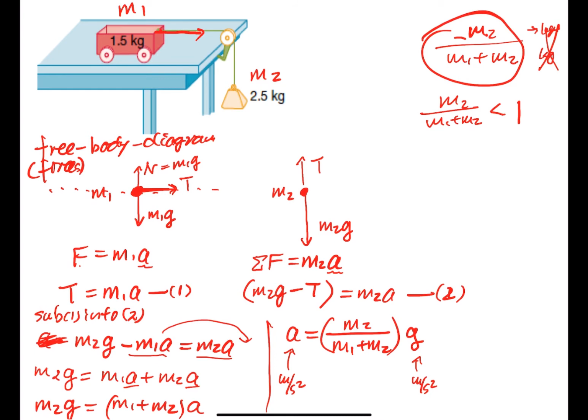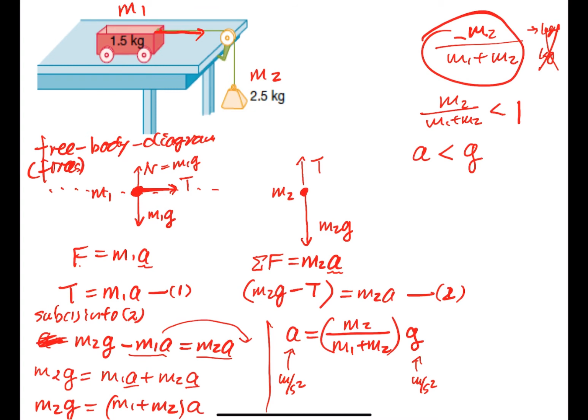So what you're saying is a is always less than g. And it makes sense, because if nothing is holding this ball, it just drops with acceleration g. But when you have a string trying to pull it up, this force, even though small, at least counters the gravity a little bit. Therefore, the overall acceleration is less than g.